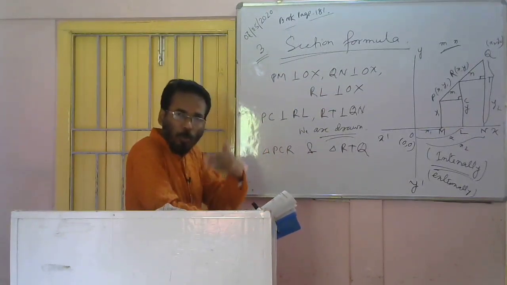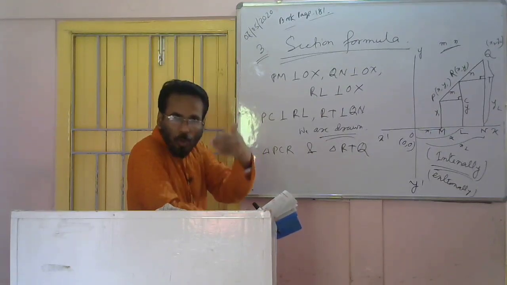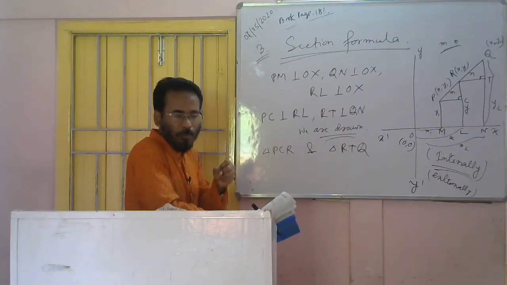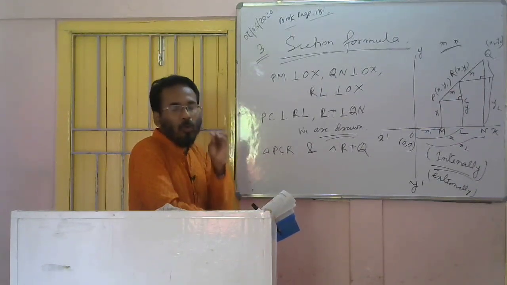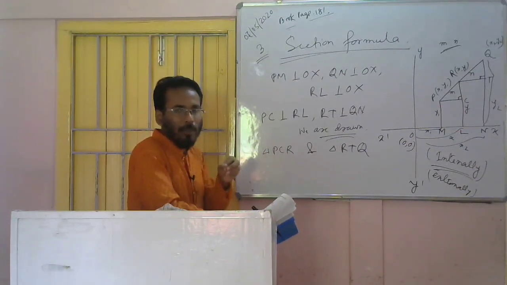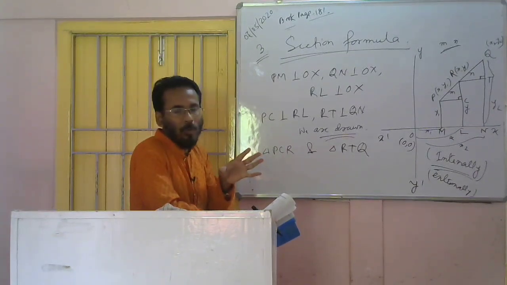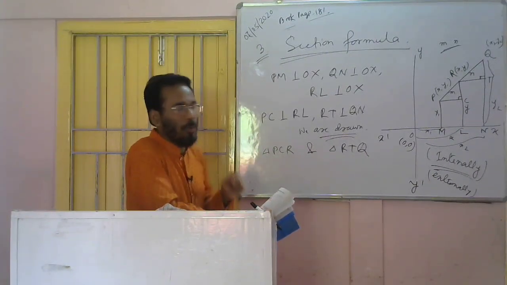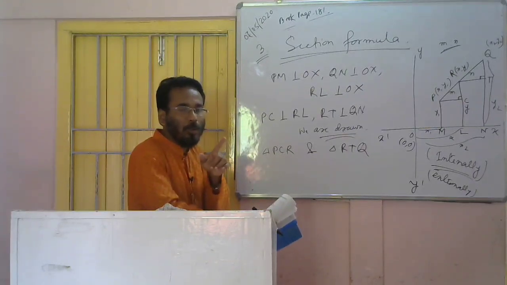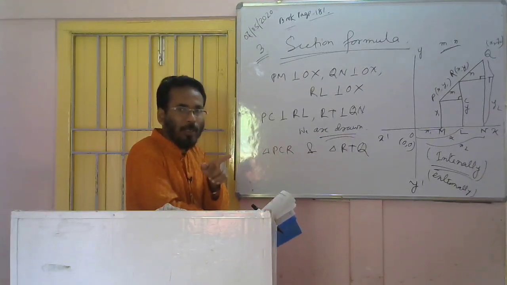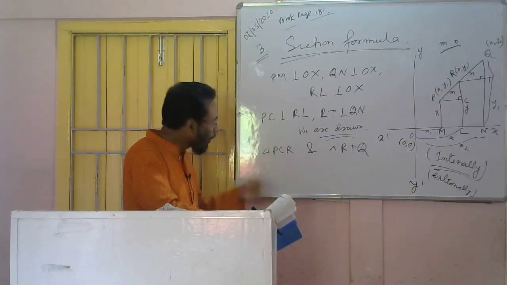The criterion is that if triangles are similar, then the ratio of the corresponding sides will be equal. Note that I am repeating it. So this condition of similarity we will now apply here.